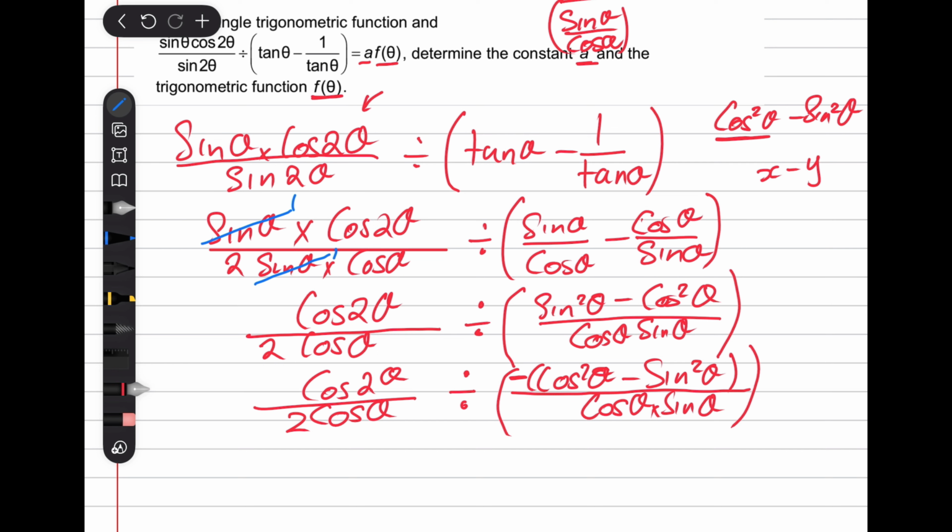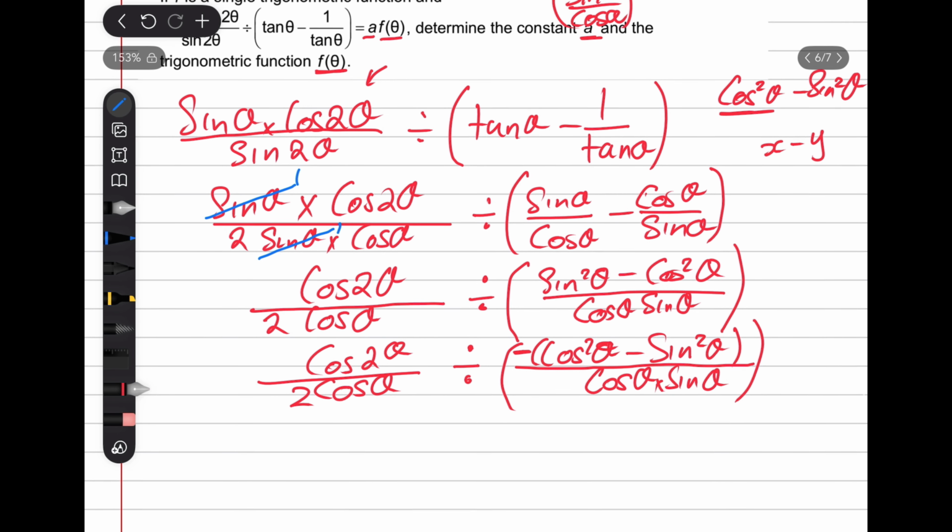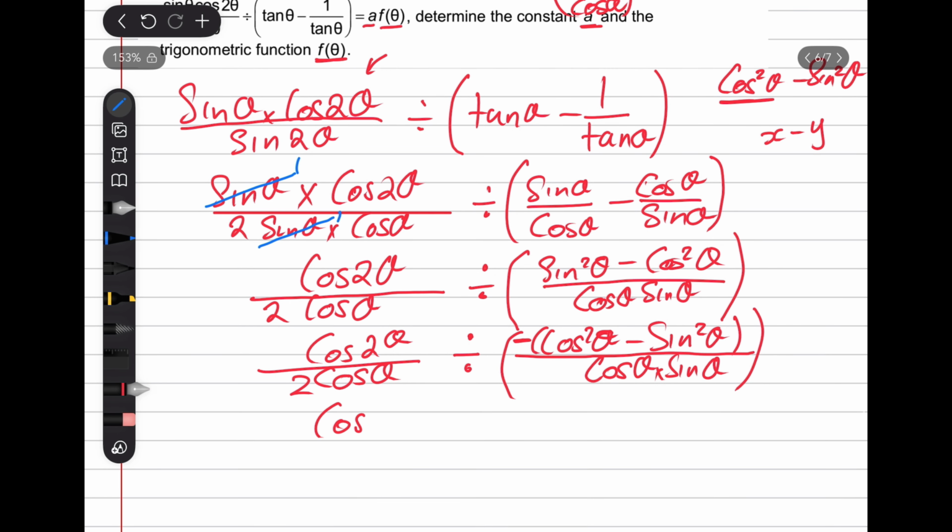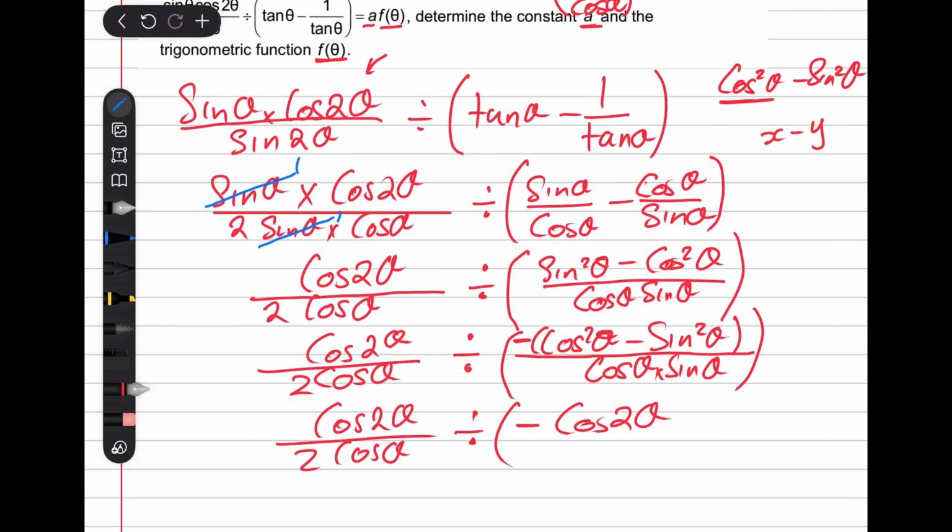So from this one here, we are going to further simplify what is inside the bracket. We are having cos 2 theta divided by 2 cos theta, still divided by open bracket. We have a negative on the outside, we are going to have negative. Then what is this equal to? What is inside is equal to the double angle cos 2 theta all over cos theta sine theta, right?